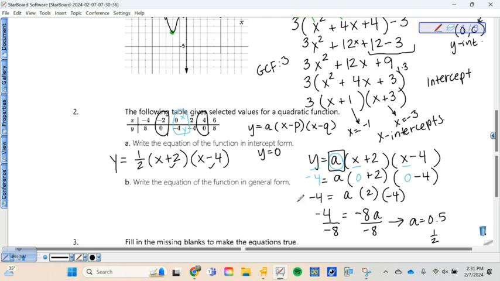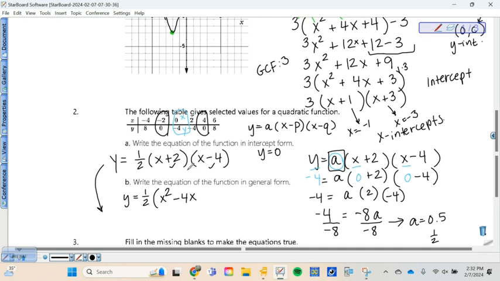Okay, now I have to write it in general form. So what do I do? How do I go from intercept form to general form? FOIL. So I'm going to do first times first. What's first times first going to give me? x squared. What about my outers? x times -4. Yeah, -4x.